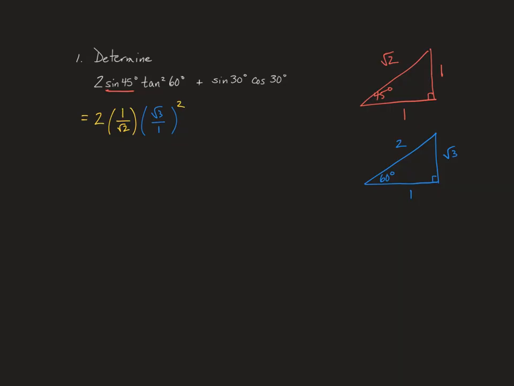Okay, so my next one is dealing with a 30-degree special triangle, which means I need my 30-degree special triangle. 30 degrees is my smallest angle, which means I have my smallest opposite side. Now I can fill in the rest, and I can determine what the sine of 30 is.